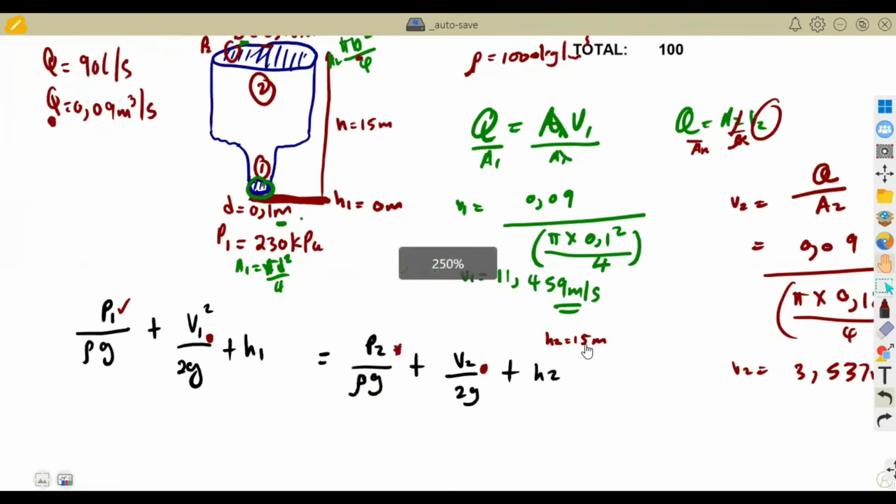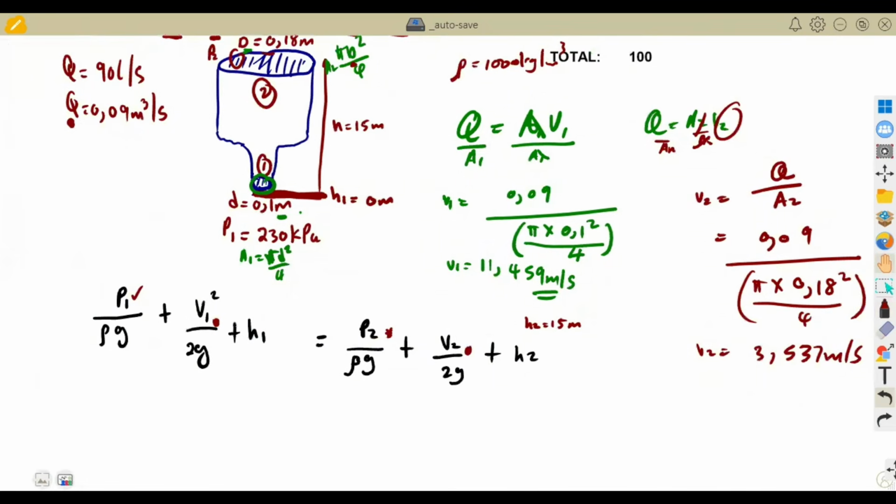So since we have calculated everything that was missing, let us substitute into the formula and try to calculate P2. With our P1 of 230 kilopascal, that is 230,000, over the density. Remember, it was 1,000 kilograms per cubic meter times the gravitational acceleration 9.81, plus V1 squared.